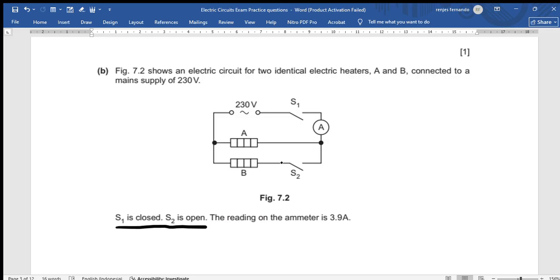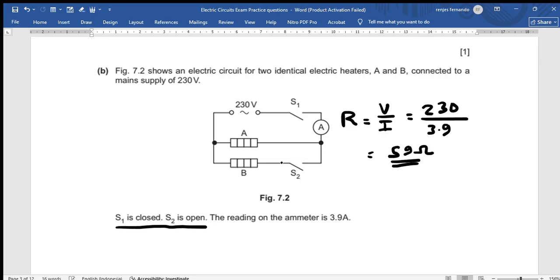So we can find the resistance, which is V divided by I, equal to 230 divided by 3.9, which is equal to 58 or 59 ohm if you round it up.